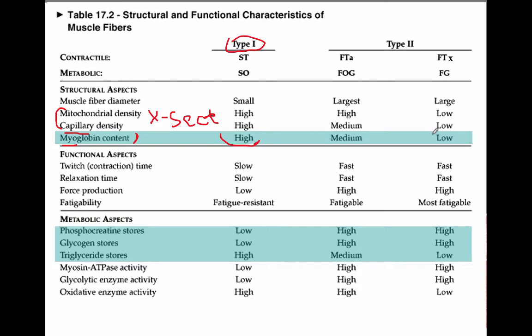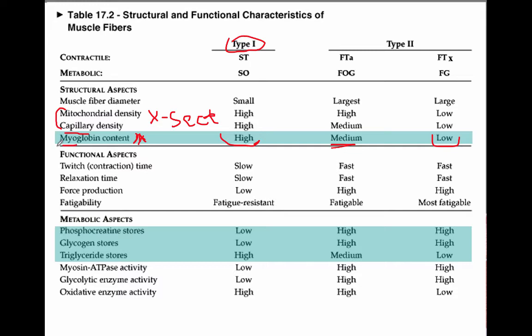And the very non-oxidative type 2X are going to be very low in myoglobin. And again, the 2As can have an intermediate amount of myoglobin. And this is actually what makes the dark meat in a turkey dark: a lot of myoglobin and a lot of iron for the oxidative enzymes of electron transport. And the absence of all of that myoglobin and some fat and whatnot is what makes the white meat white.